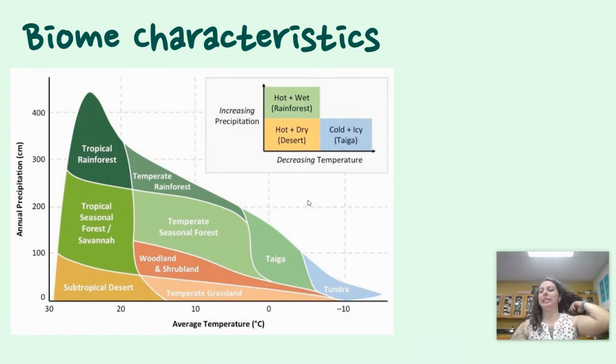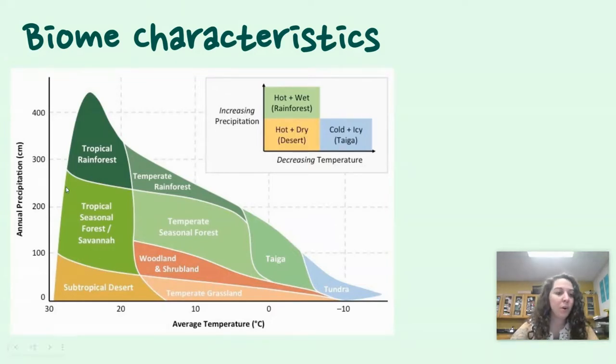So when we look at these biomes, I need you to understand that they have a range of temperature and a range of precipitation. So when we look at our graph here, our temperature is down here on our x-axis, our precipitation is on our y-axis. So if we look at the savanna as an example, its precipitation can drop all the way down to, I don't know, what is that, maybe about 60, 75 centimeters per year.